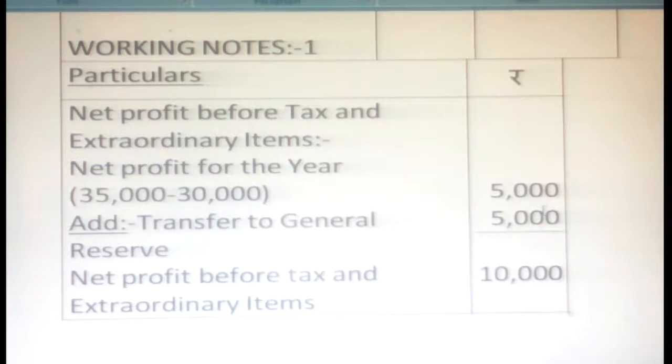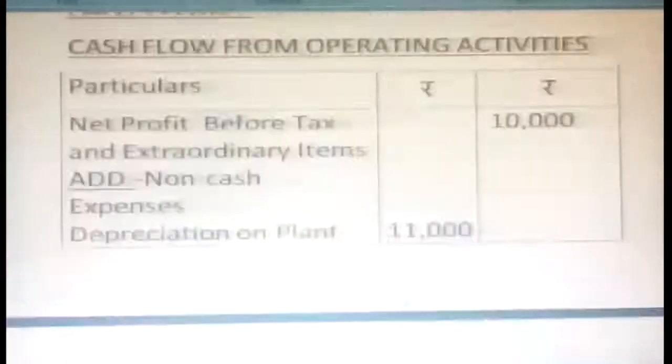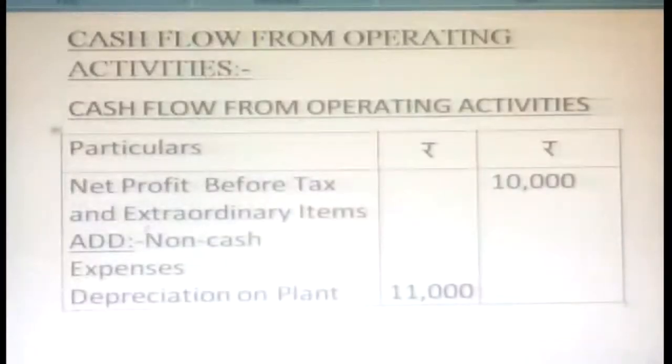First of all, the difference between opening and closing balance gives you 5,000. Then you add the transfer to general reserve, 5,000, so you get 10,000. That 10,000 you post here: net profit before tax and extraordinary items 10,000. Then add non-cash expenses. Here is how you are going to calculate depreciation, which is the discussion next.